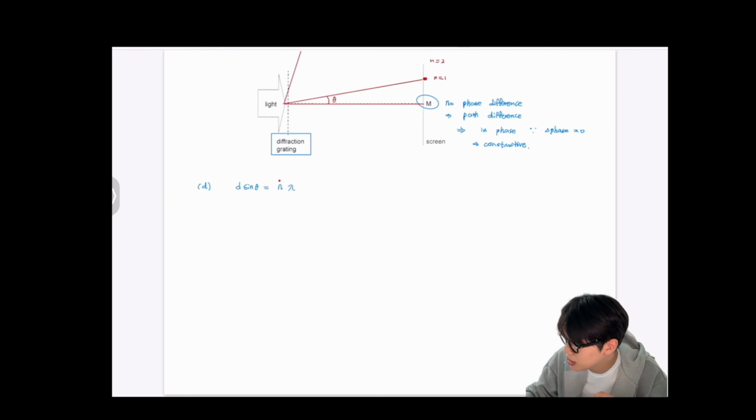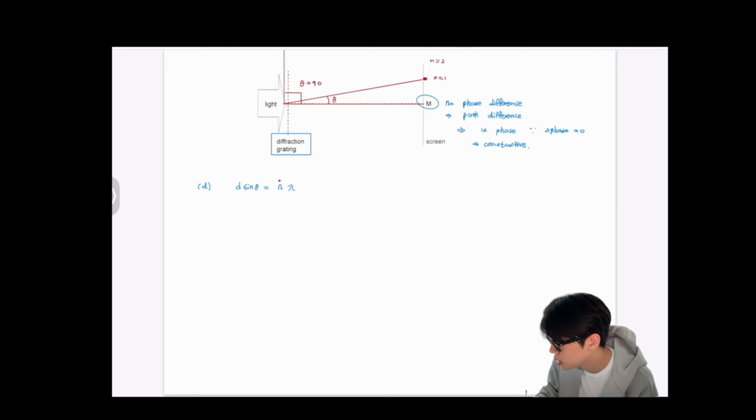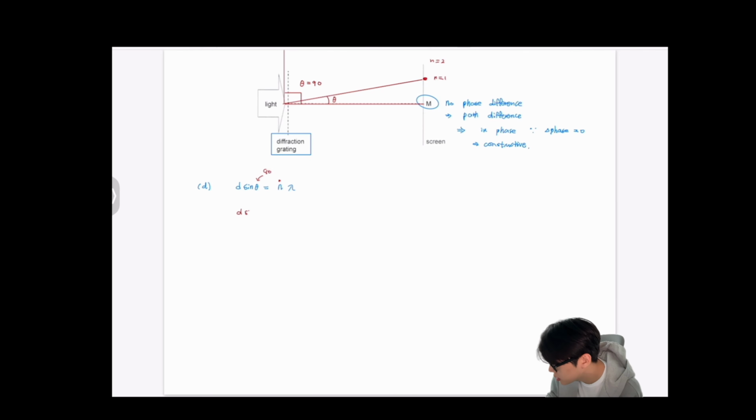However, if you go beyond the point where theta is 90 degrees, you'll never see any points beyond that, right? So if you want to see the largest number of n, you have to substitute theta equals 90 degrees. So when theta is 90, d sine 90 is equal to n lambda.